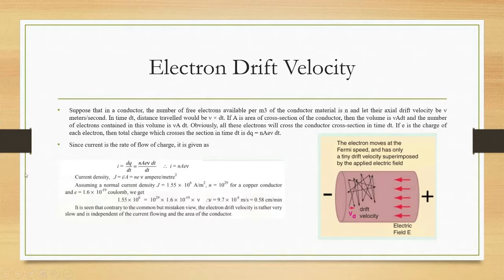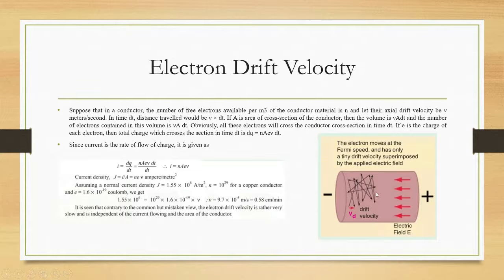Substituting all the values of e, J, and n over here, we get 0.58 centimeter per minute. It is seen that, contrary to the common mistaken view, the electron drift velocity is very slow and is independent of the current flowing and the area of the conductor, right?